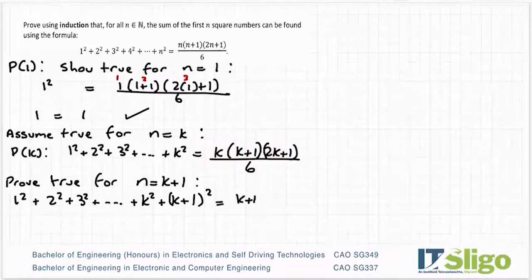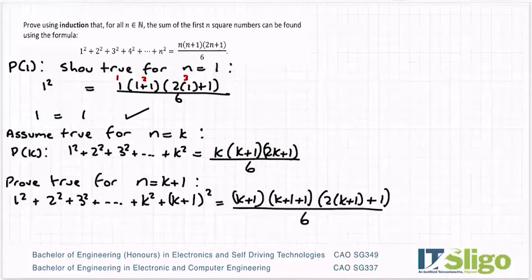So in this bracket here, I'd have a k plus 1 plus 1. And in this one, it'll be 2 times k plus 1 plus 1 all over 6. Okay, so I hope that bit makes sense.